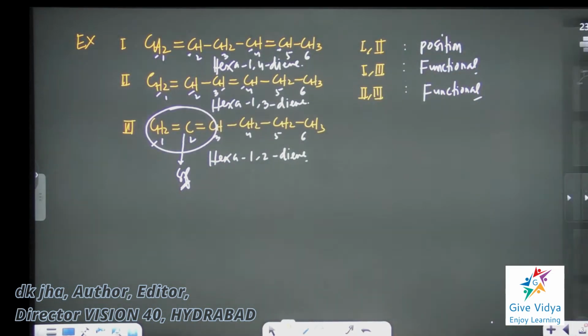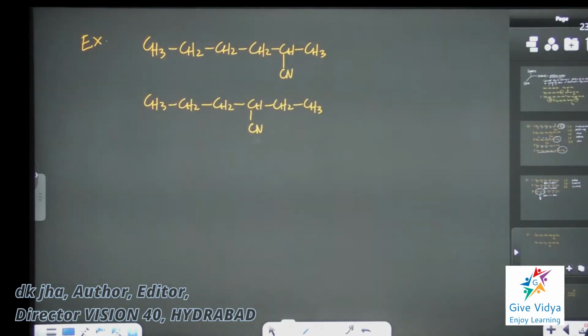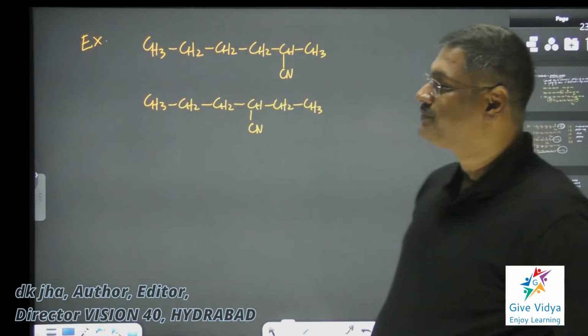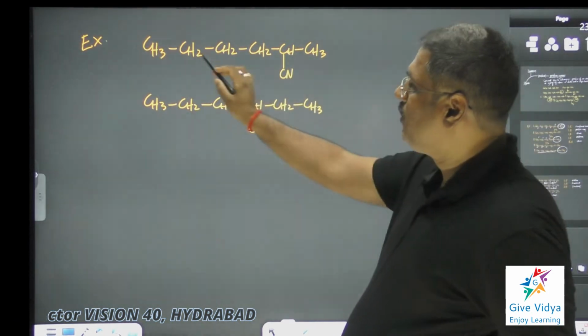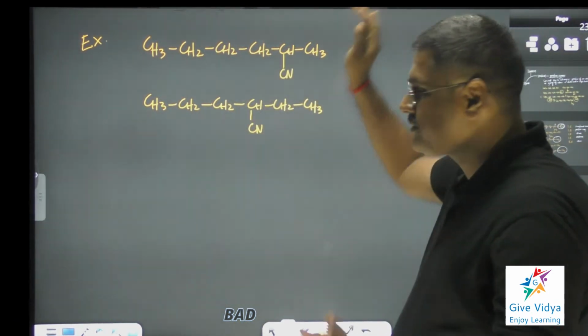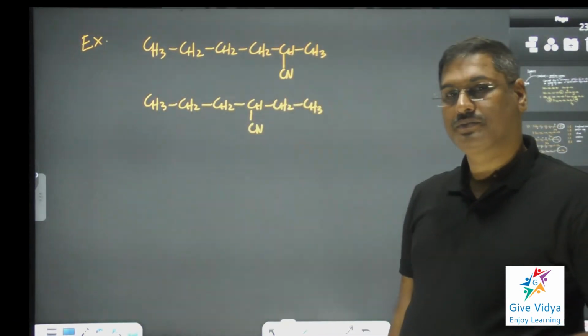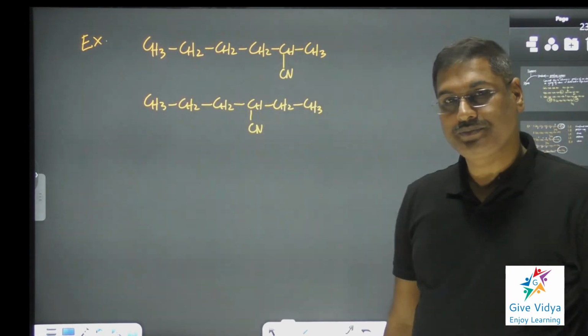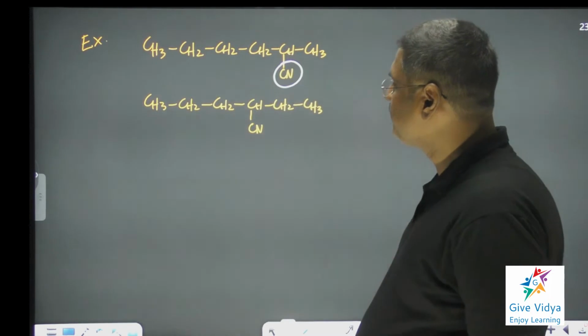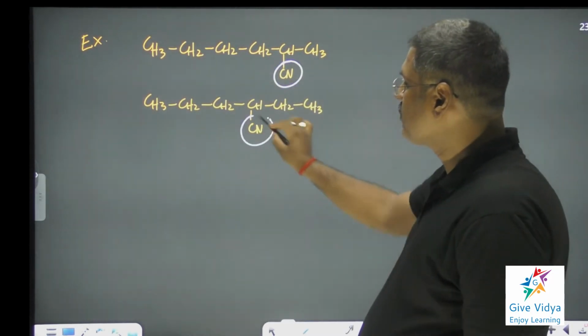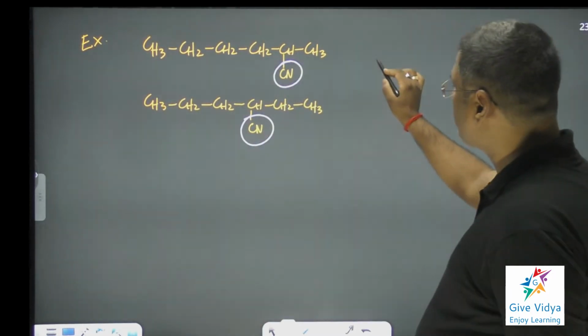Let's take here one more example. Take this example: 1, 2, 3, 4, 5, 6. CN is there. That CN is here. That CN is here. What are these two? 1 and 2.